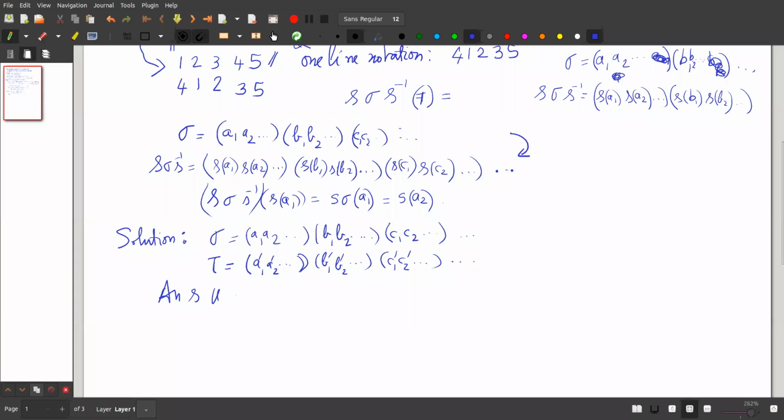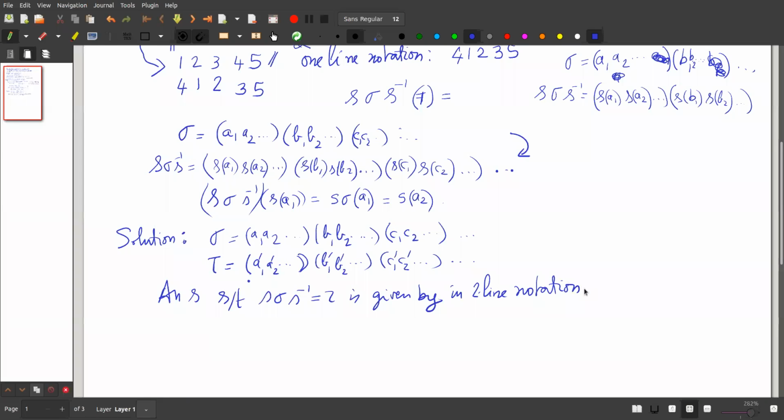An S such that S sigma S inverse is equal to tau is given by, okay, now it is maybe not good to use cycle notation for S, but rather two-line notation, as that was precisely what was given as the solution.